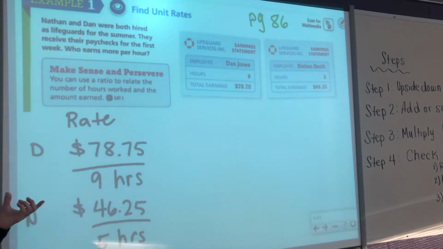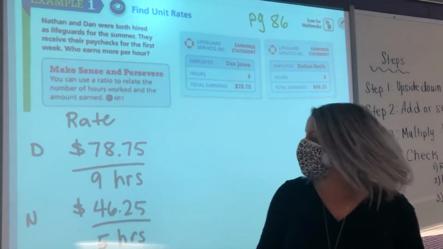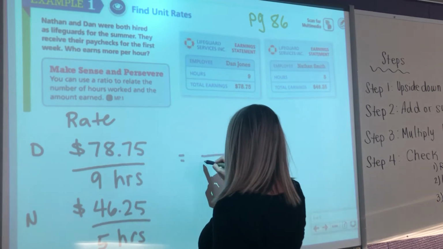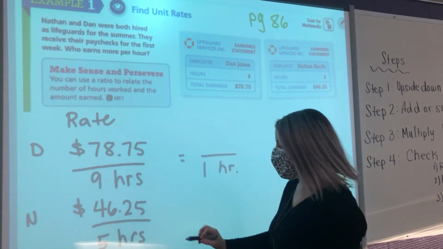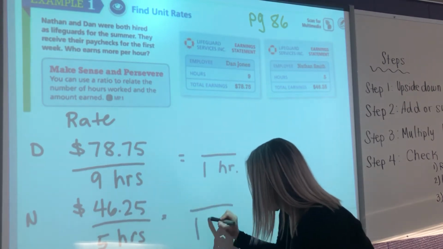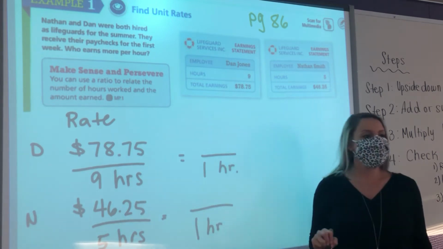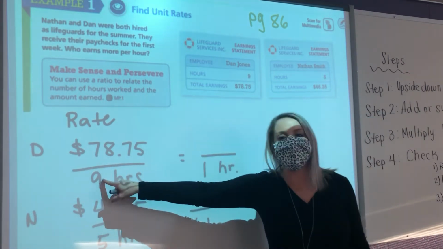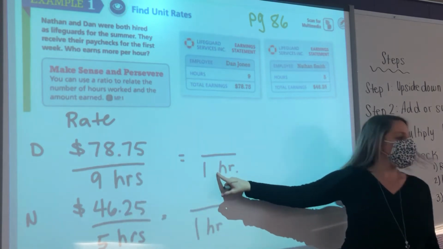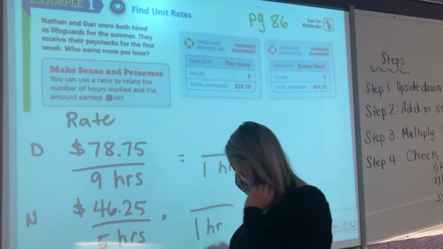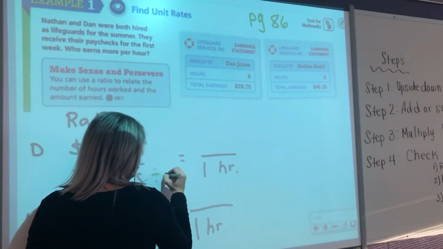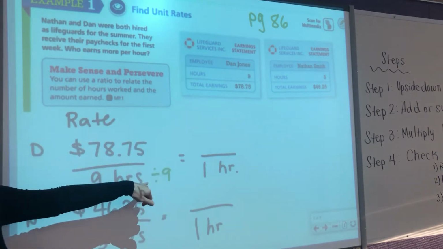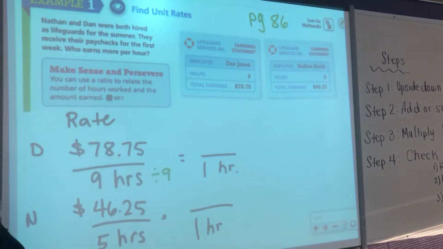So when we have different hours, we're not comparing apples to apples. How we compare apples to apples is we get to 1 hour. So how do I get from 9 hours to 1 hour? I divide by 9. So I'm going to divide the denominator by 9. And if I divide the denominator by 9, I need to divide the numerator.